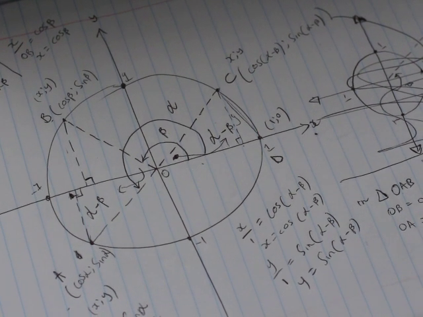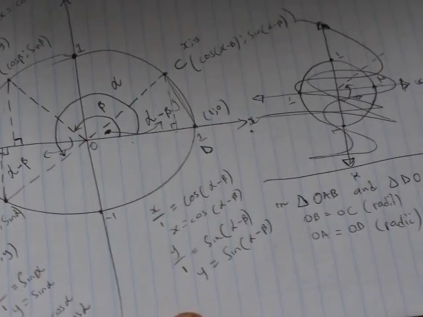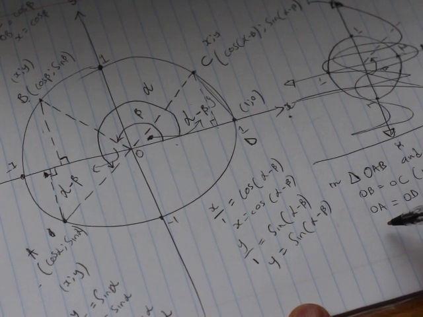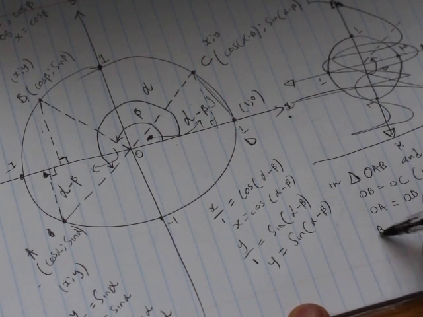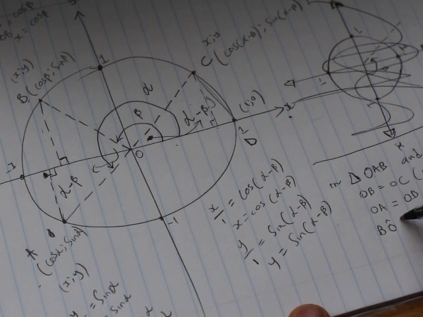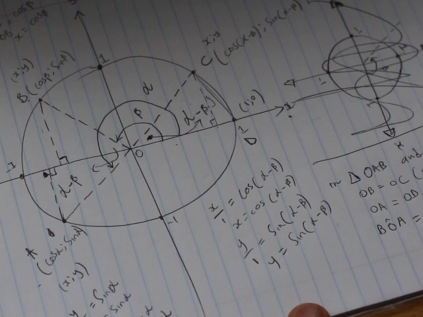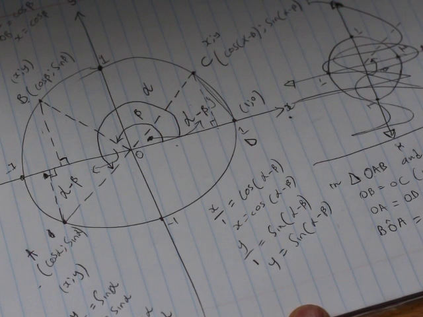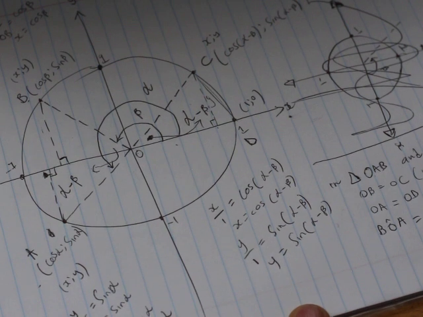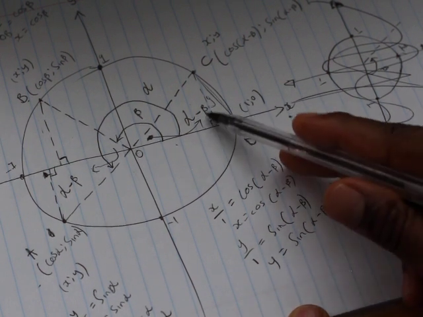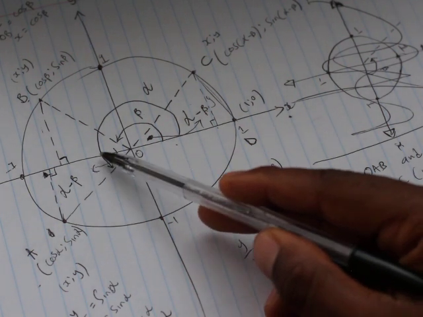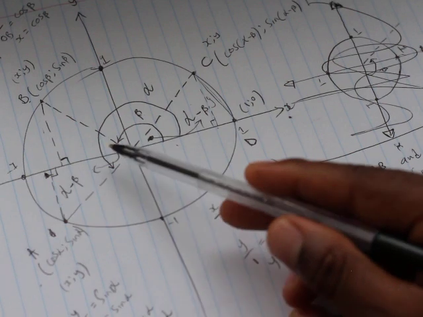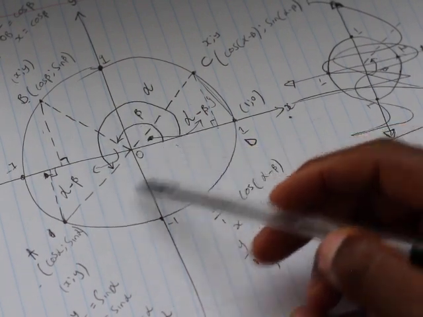All right. And then we also have an angle, which is what? BOA is equal to COD, which is equal to alpha minus beta. Okay, remember this is alpha minus beta. Also, that is alpha minus beta, the angle between OB and OA.